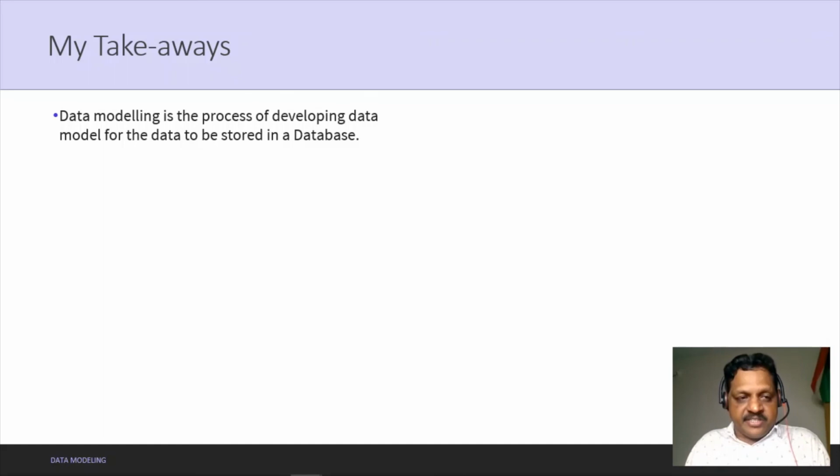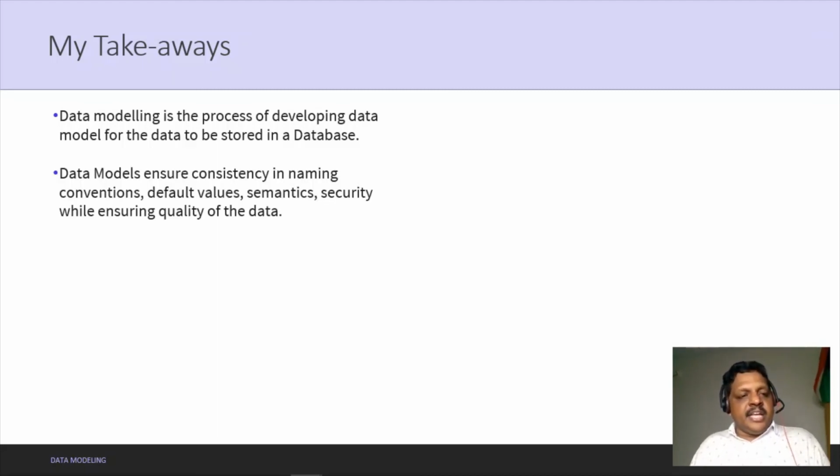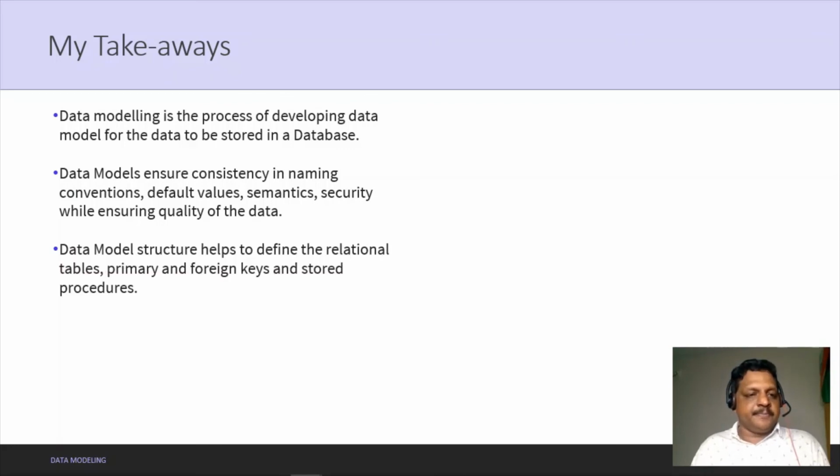What are my takeaways? Data modeling is the process of developing data model for the data to be stored in a database. Data models ensure consistency in naming conventions, default values, semantics, security while ensuring quality of the data. Data model structure helps to define the relational tables, primary and foreign keys, and stored procedures.